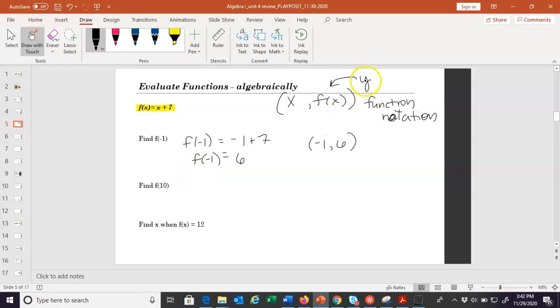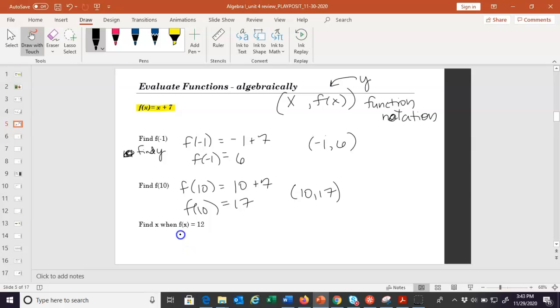If you just had y here, I guess you could say, like, let y, or find y. So it's just a different way to write it, f of x and y. So let's try this one. F of 10 means you put 10 in wherever the x's are, and we have 17. So that means there is a dot on this graph at 10, 17, this particular graph.